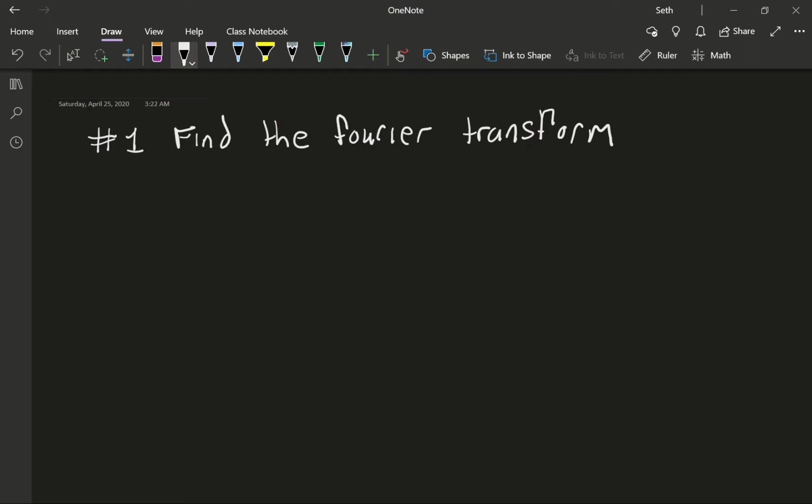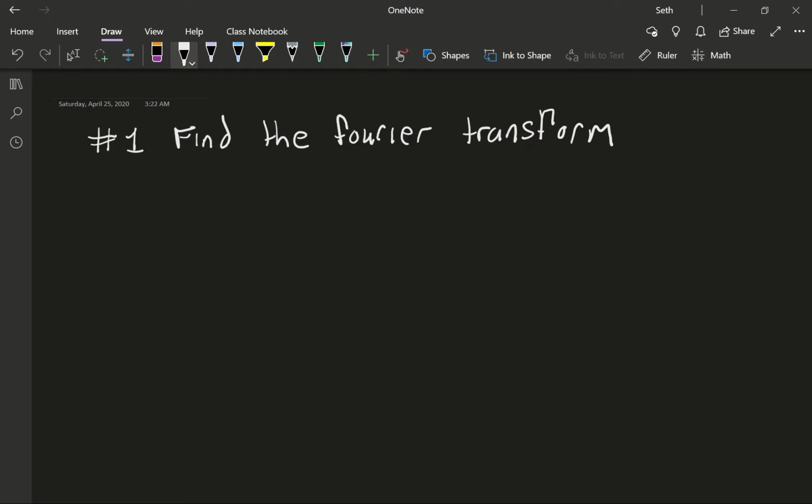So for number one, we're asked to find the Fourier transform. And for this, before we start, I just want to recommend to all of you for your formula card for the final to go to the final review PDF that Professor Wang posted and make your formula card the first 7 pages of that.